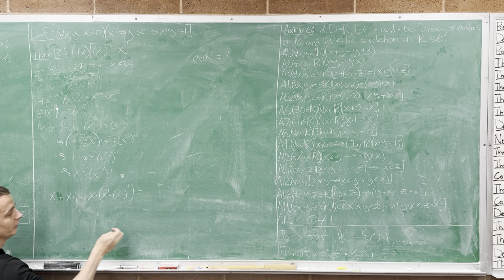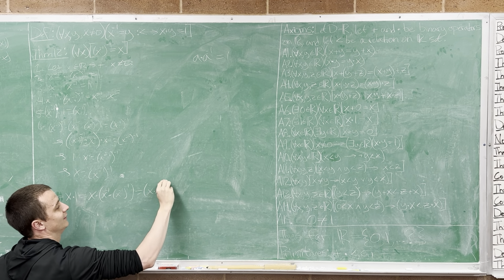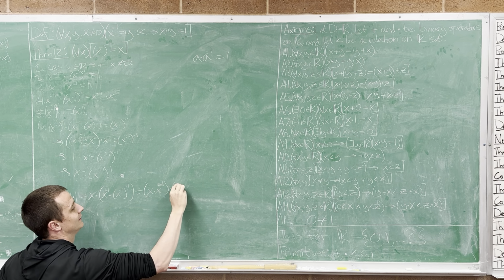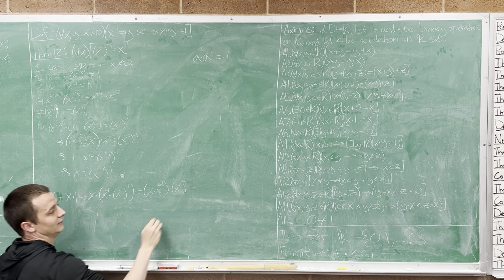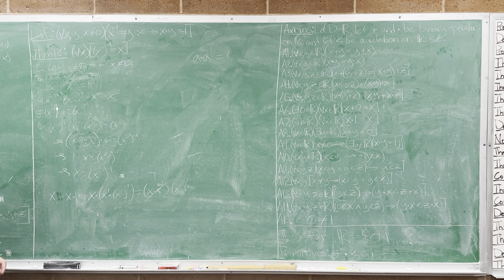Yeah. Put those two together. Okay, that's my support. And then this is 1, so you're left with just that. So half of our proof there was kind of unnecessary. Yeah. Well, that was unnecessary thinking.